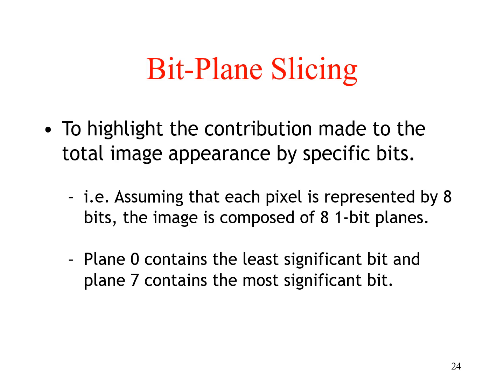Next is bit plane slicing. It highlights the contribution made to the total image appearance by specific bits, assuming that each pixel is represented by 8 bits. What is the meaning of this? When I say the image is of 8 bits, I can represent each gray level value using 8 bits.